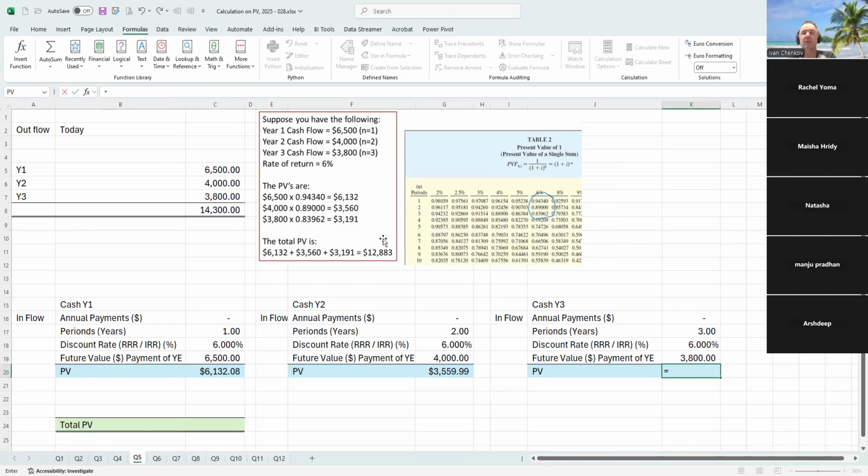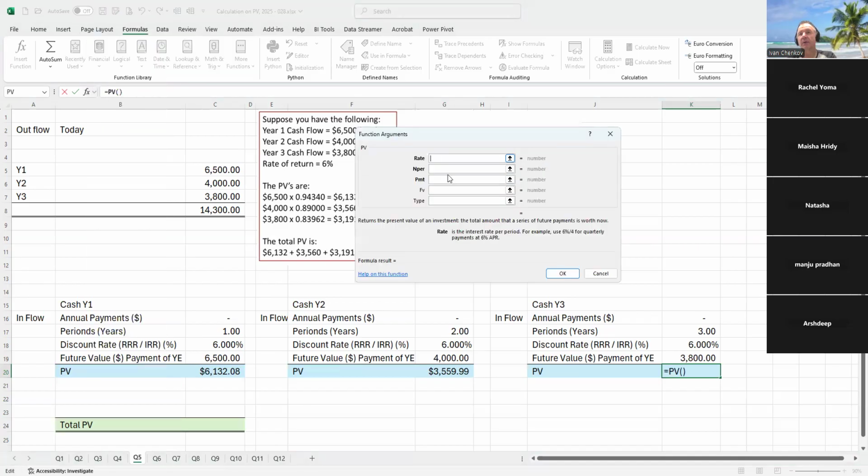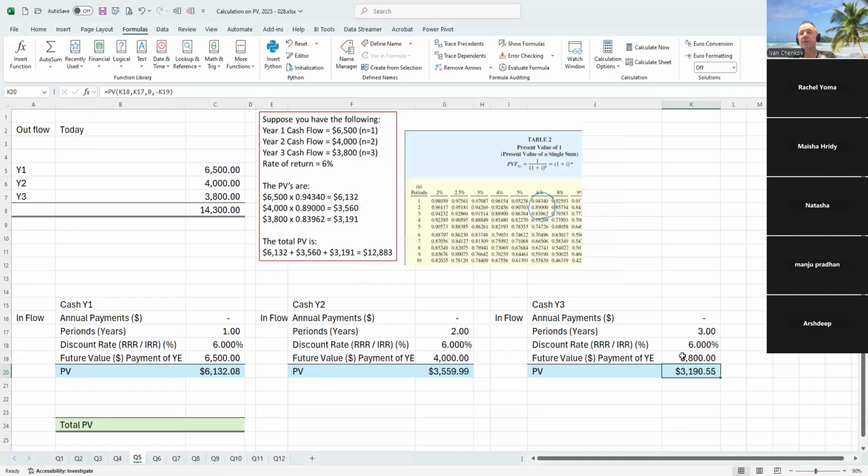And the last present value we have to calculate is of 3,800 received 3 years from now, discounted at 6%. Again, we're using the financial present value function. The rate is 6%, periods now is 3, payment is 0, and the future value in this case is 3,800. Those 3,800, 3 years from now, are worth today 3,119.55.